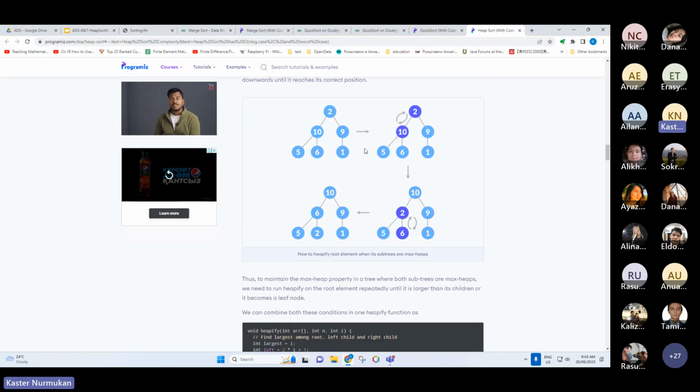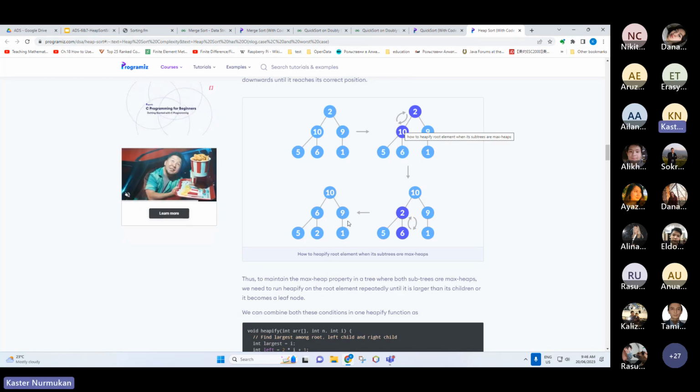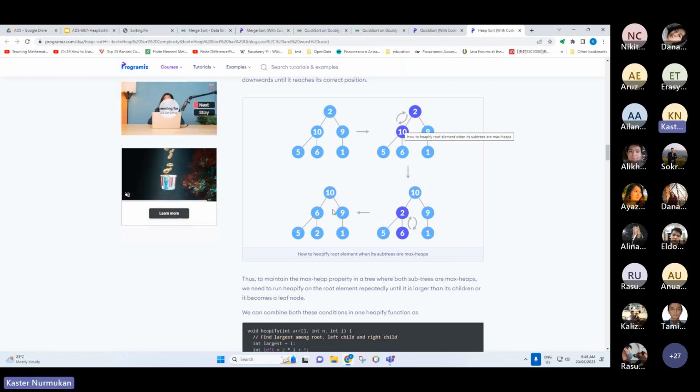Now as you can see, if this is 1, 2, 10, it's not a max heap. So how can you make it a max heap? You compare with the bigger one and exchange them. After that, the smaller one is handled recursively: if another one is bigger than it, they will be swapped. Then there's still 6, 9, 10.